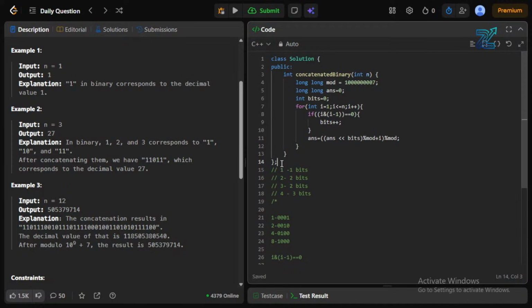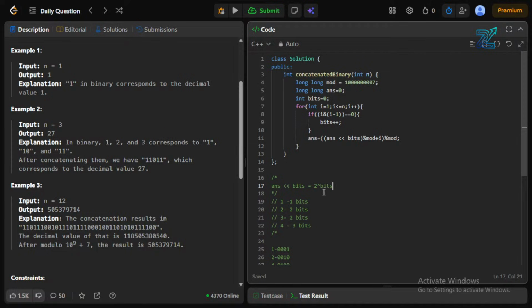So see here, answer left shift bits is nothing but multiplying by 2 power bits, right?